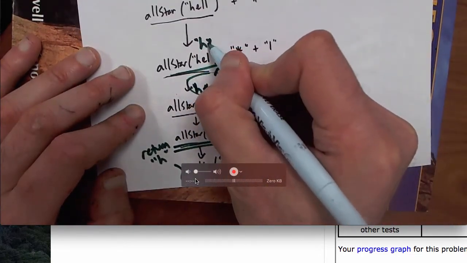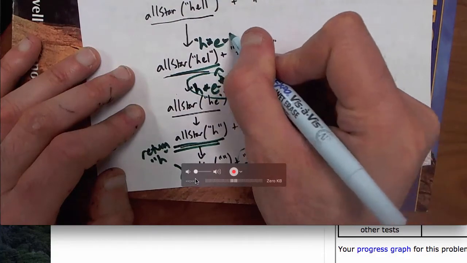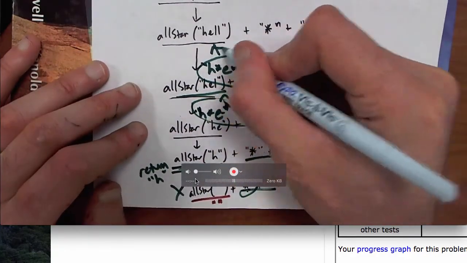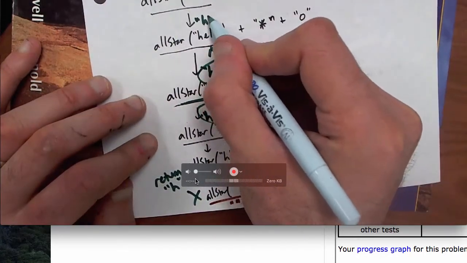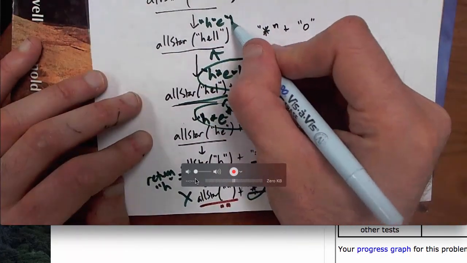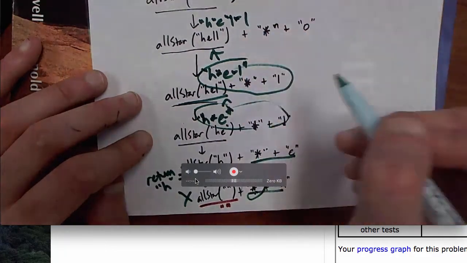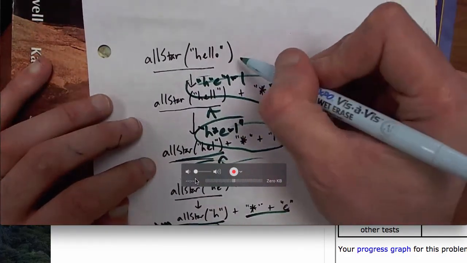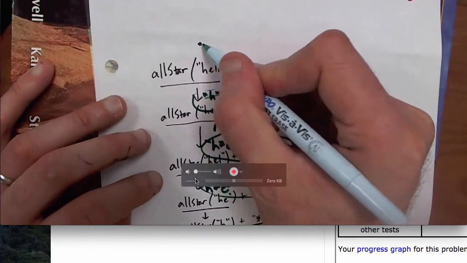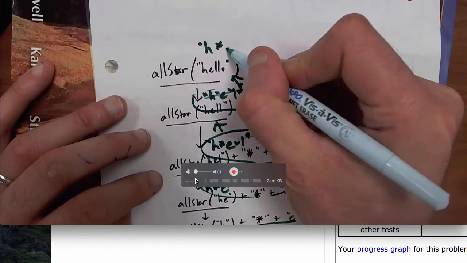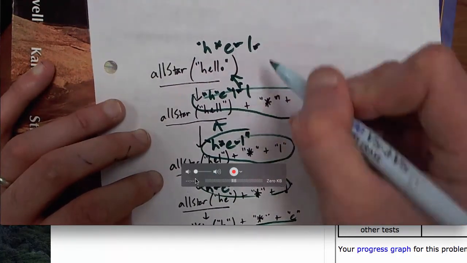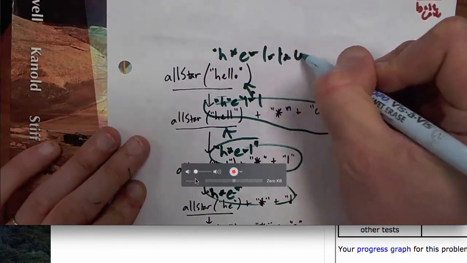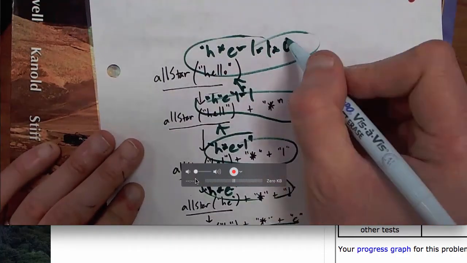That's going to be H star E star L concatenated with this. So it's going to come up as H star E star L star L concatenated with this, which is finally going to come back as H star E star L star L star O, and then we're done.